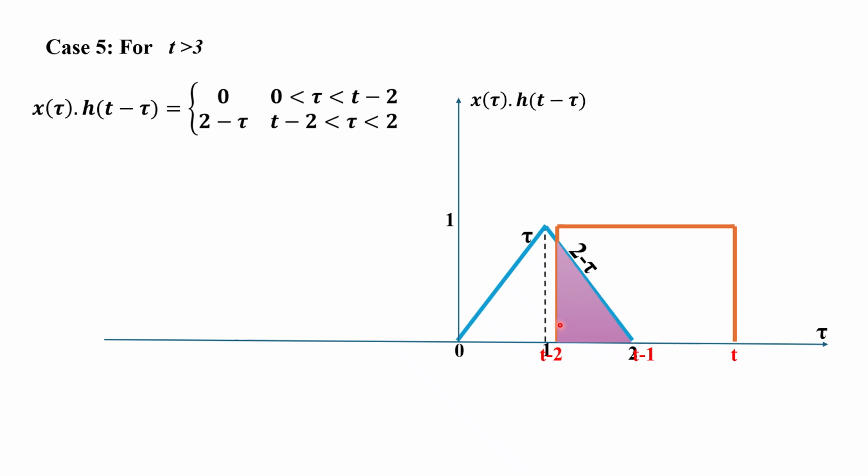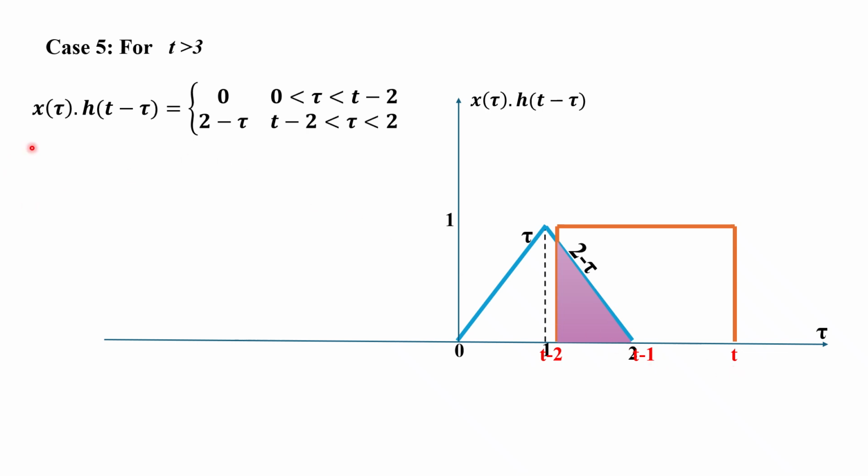And further, if we go beyond t equal to 3, the definition changes. Here, if we see, the value of the product is 0 from 0 to t minus 2, and it is equal to 2 minus tau from t minus 2 to 2.